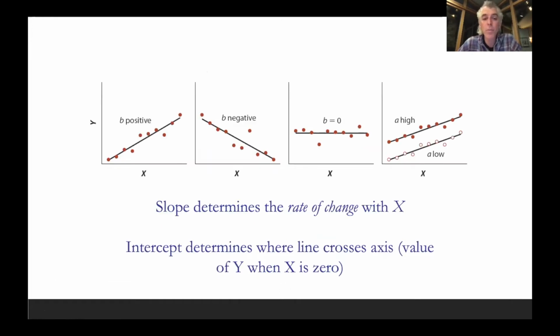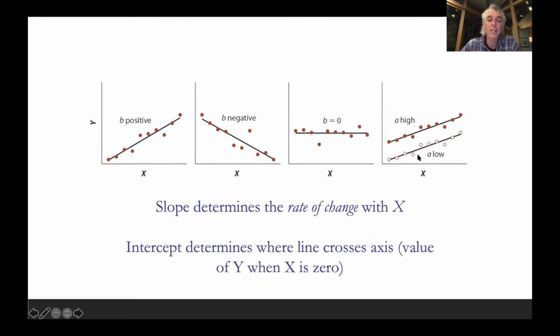So our slope represents the rate of change of y for a given change in x. So the slope can be positive, where for a given increase in x, y also increases. The slope can be negative, or there can be no relationship at all between x and y.